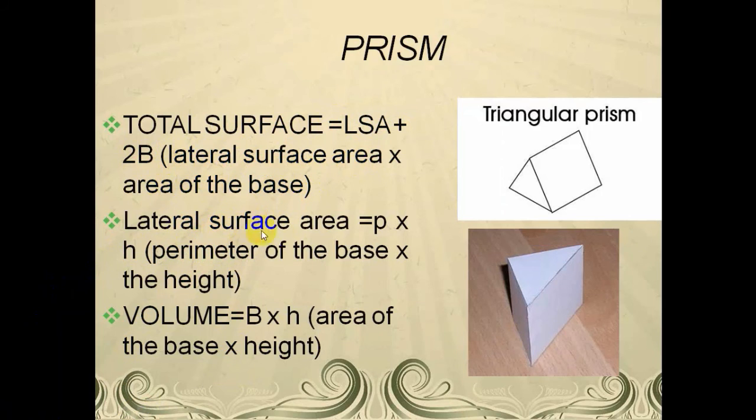So the lateral surface area is P multiplied by H, the perimeter of the base multiplied by the height. And the volume is equal to B multiplied by H, the area of the base multiplied by the height for a prism.